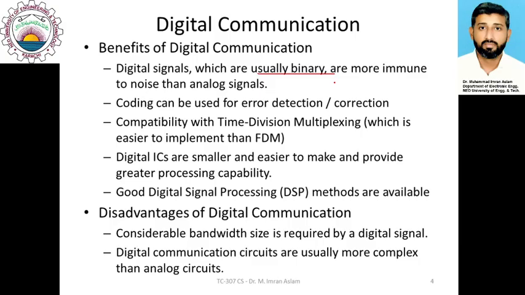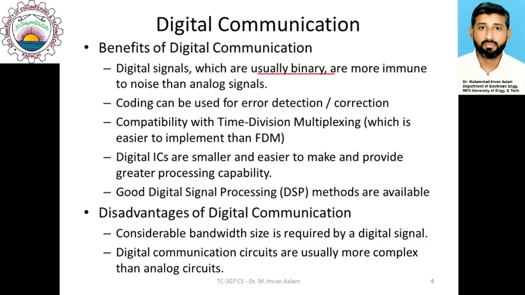Although noise can cause errors in digital systems as well, the amount of error that is generally observed in digital systems is way smaller than what we generally observe in analog communication systems. So because of this immunity to noise, we generally prefer digital systems when we have choice over analog systems.